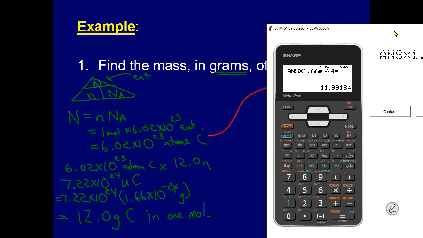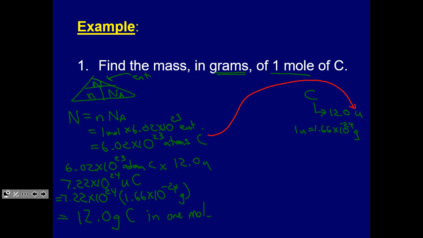Now, I don't have a handy periodic table to bring up on the screen to show you, but if you go to your periodic table, you will see that the mass number on the periodic table is 12. This and this both being 12 is not a coincidence.